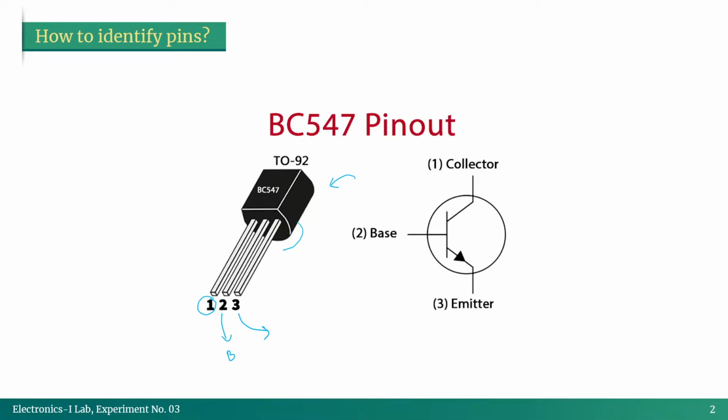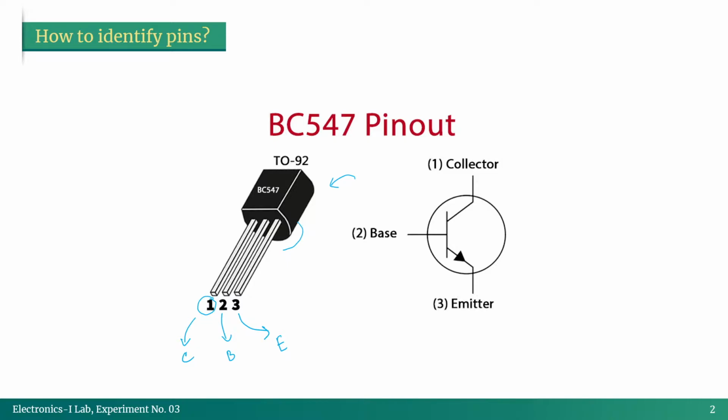In this way, we are going to find our three pins: collector, then base, and then finally emitter. And this is only true for our NPN type of transistor. The transistor that we are using here, BC547, is an example of an NPN transistor.